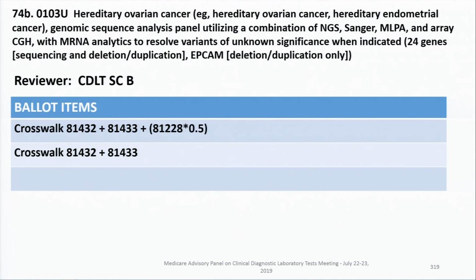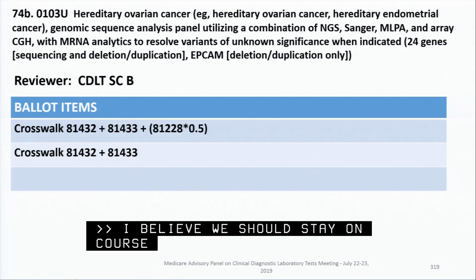Okay, so I believe we should stay on course and get a few more codes from session 4 addressed, and then we will break from 12 to 1.